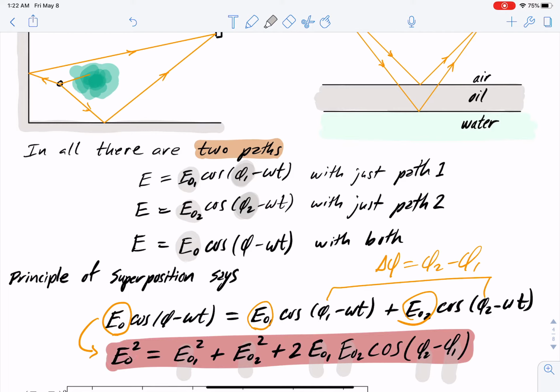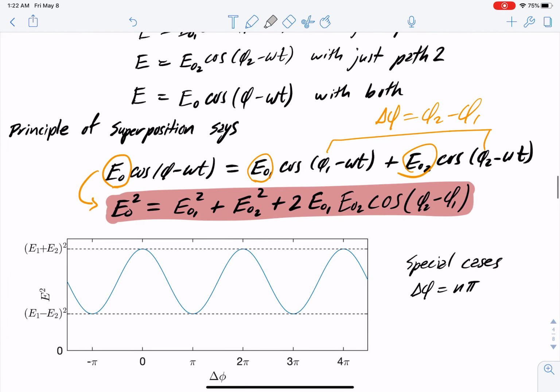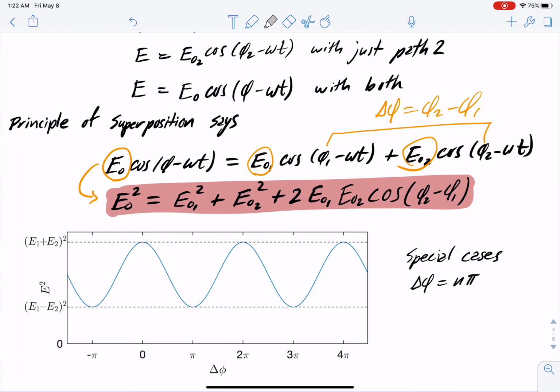Okay, so it's a nice equation. If you remember the law of cosines, this is a form of the law of cosines. All right, so I graphed this. What I've graphed is how this amplitude changes as the phase difference changes.